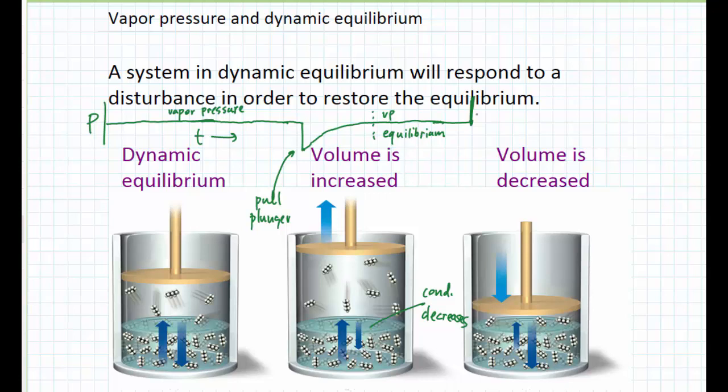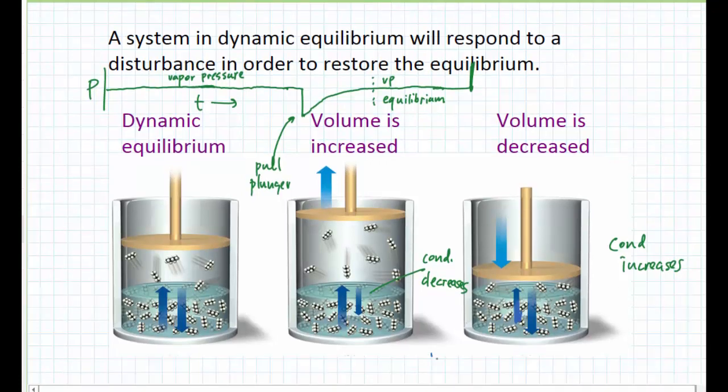The arrows on this one are a little bit misleading. Just what do you think? If I've got all my headspace compressed to a tiny little bit, yeah, condensation increases. This blue arrow on the left is smaller for some reason. That should be really the same as before, right? The vaporization is the same in all of these.